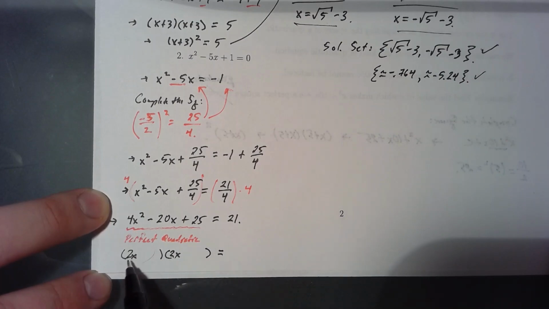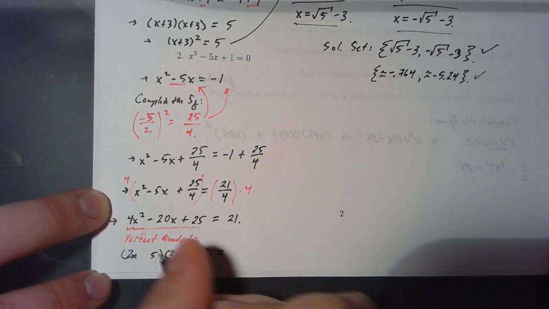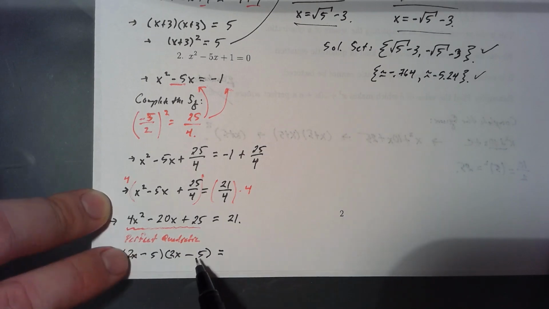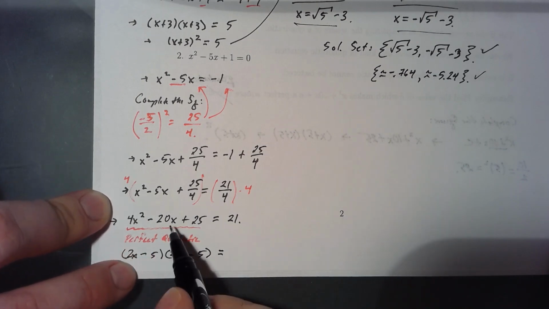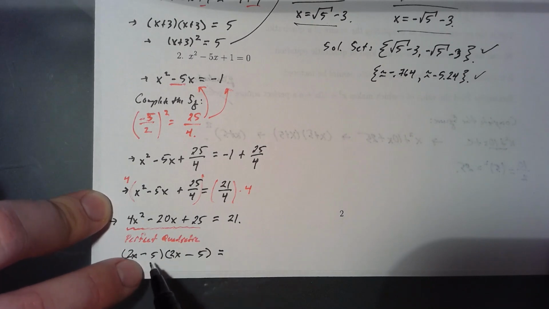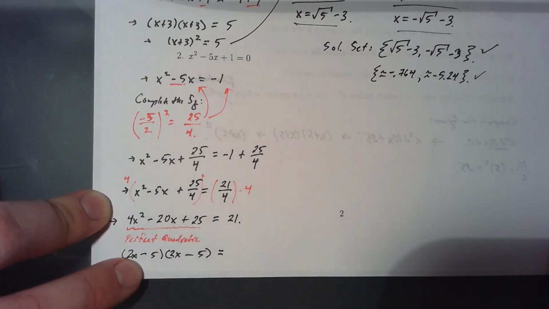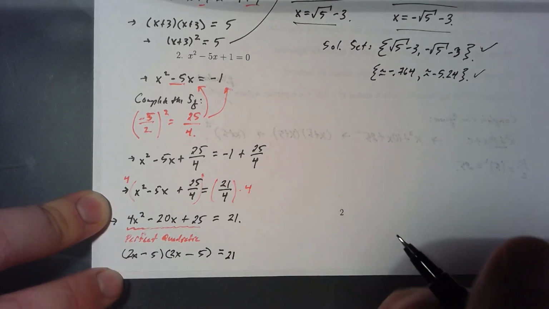Because the 2's have to be identical and the 5's need to be identical. And because this one's negative, I need a negative and a negative, because that's going to be negative 10x, which gives me negative 20x. This is positive. Negative times a negative is a positive. Those are the factors of this, and that equals 21.